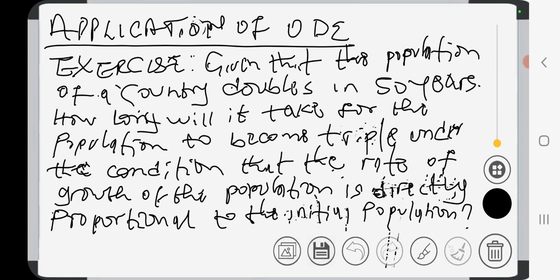It's a very simple problem, and we use the concept of a solution to the ordinary differential equation to solve this problem. So this is how it goes.